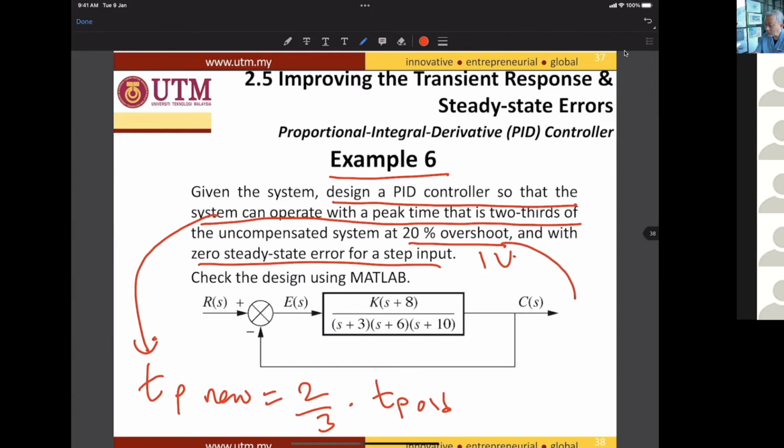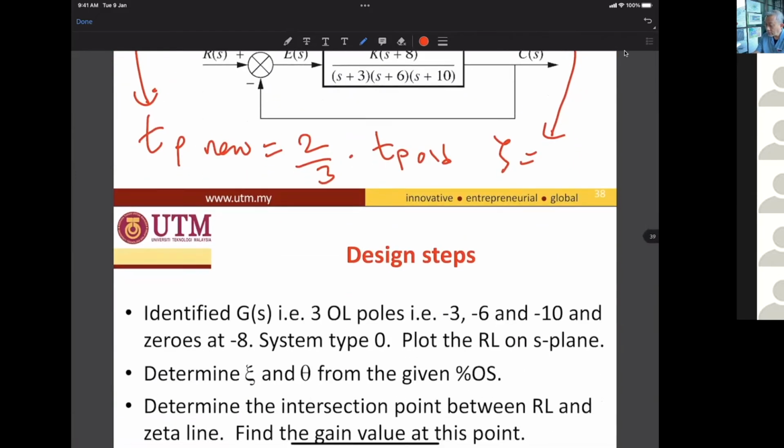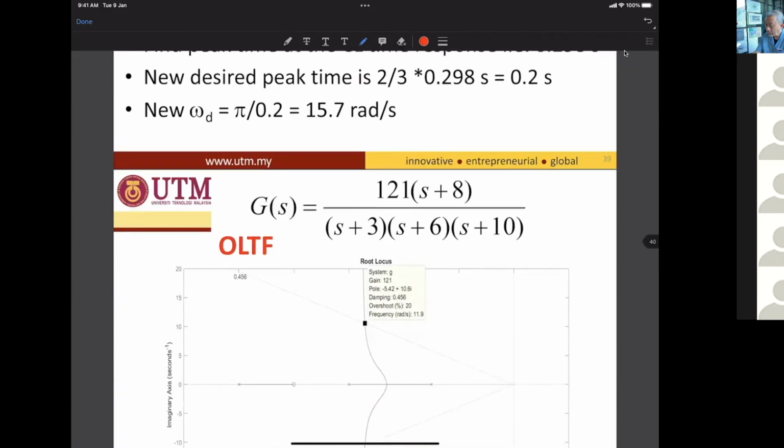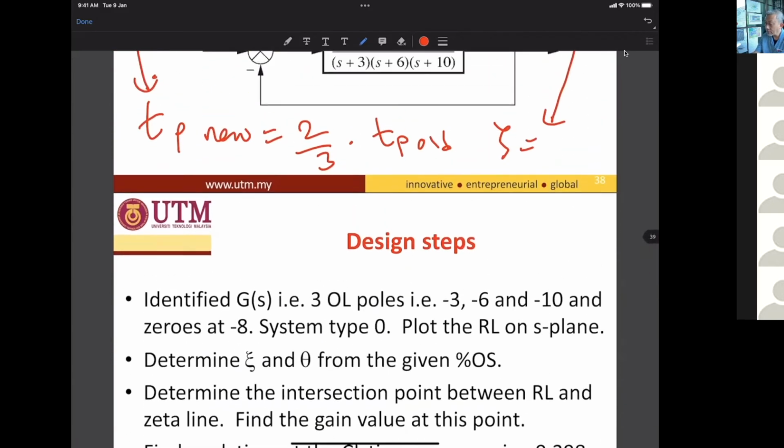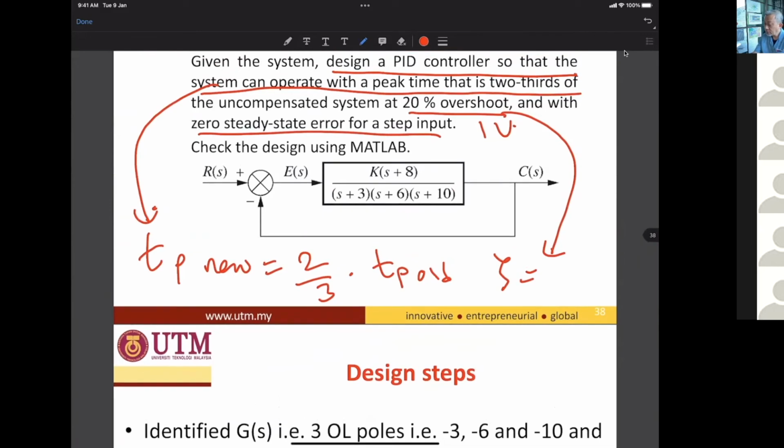And you are given 20% overshoot. Macam biasa, you will get zeta by the graph. I think the graph is 0.456. Okay, kalau guna formula, 0.456. Okay, and then this one is open loop poles-nya adalah -3, -6, and -10, and open loop zeros adalah -8.